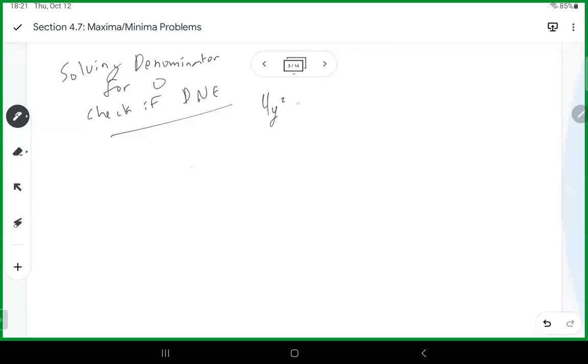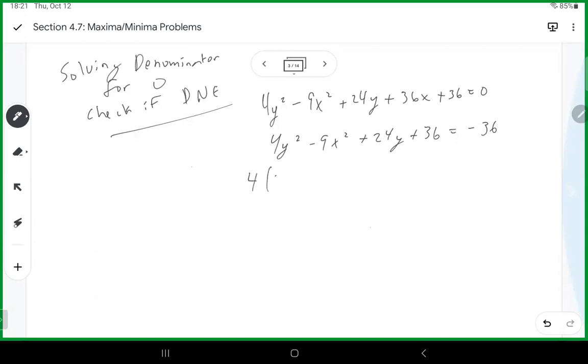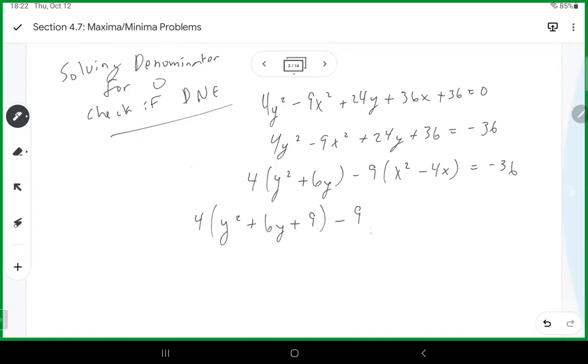Have 4y squared. All right, and then we want to complete the square. So twice.